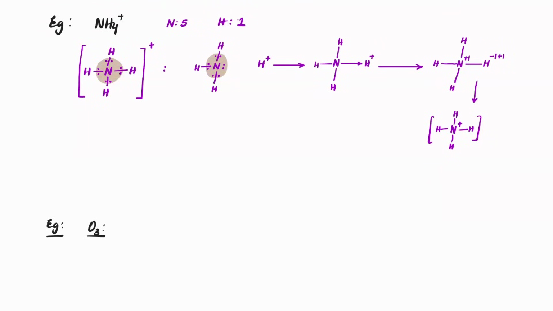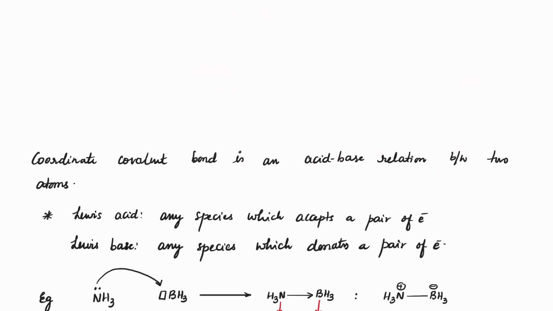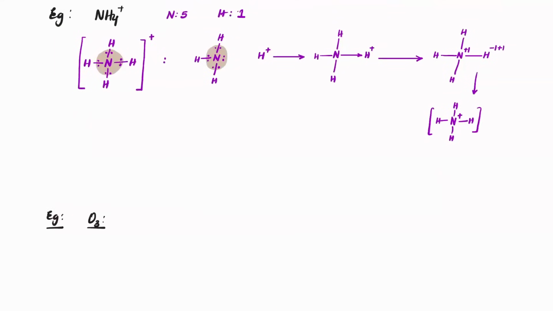Next, let's understand O3 here. In the case of O3, how many valence electrons are there? You can see valence electrons are 6 into 3, so total 18. Ideally, how many should we have? 8 into 3, 24.